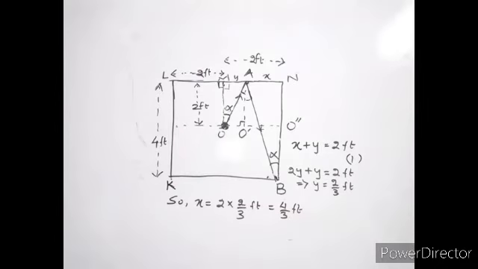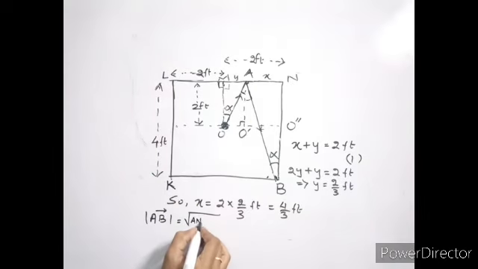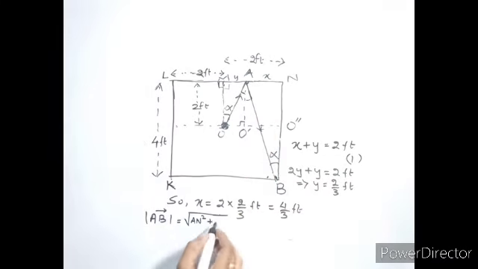Then the next one, the magnitude of AB. The vector AB has a magnitude obtained by taking the whole root of, as that is also a right angle triangle, AN squared plus NB squared.